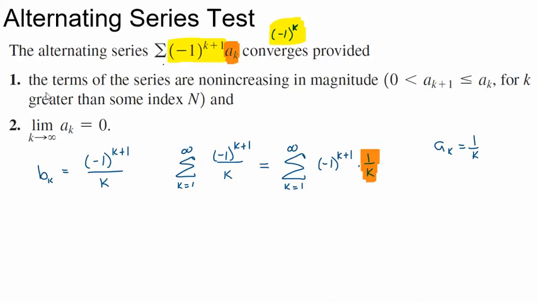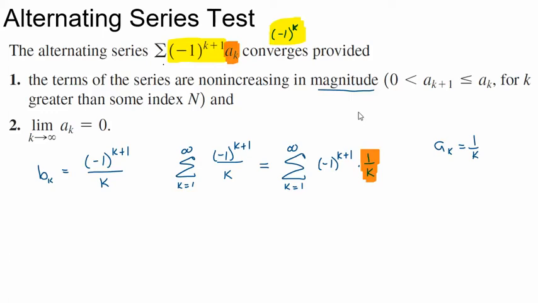What it says here is that the alternating series is going to converge provided the terms of the series are non-increasing in magnitude. When they're talking about magnitude here, they're talking about basically the absolute value of that term. When we talk about magnitude of something, we're ignoring the sign.